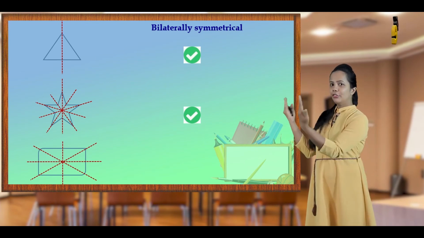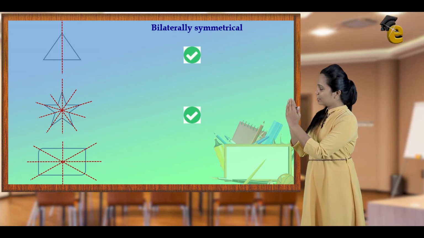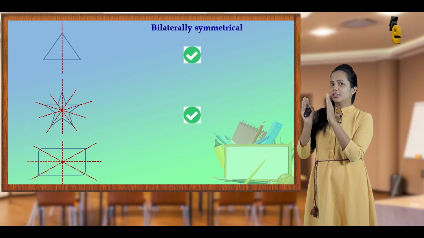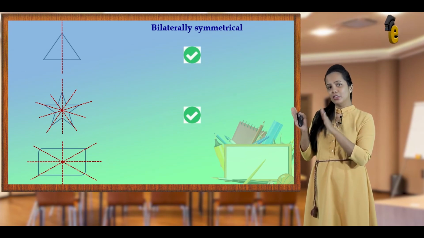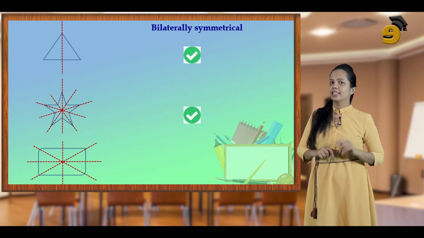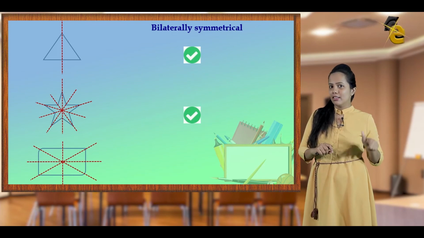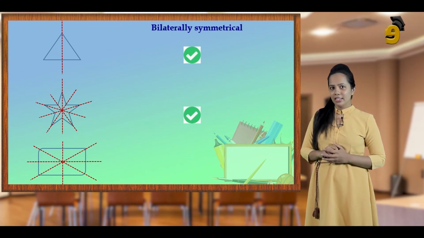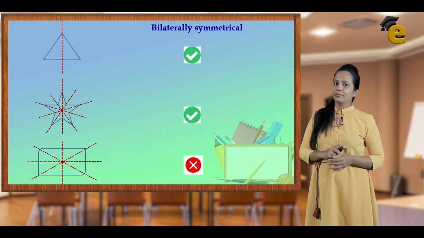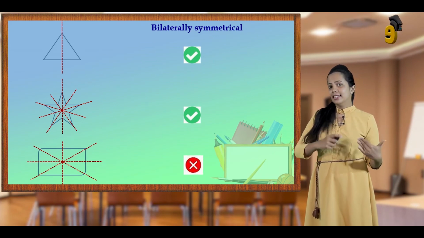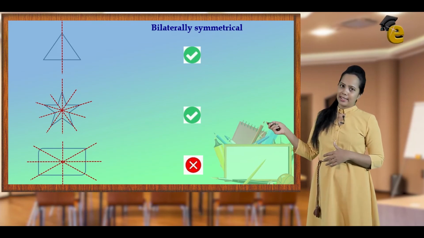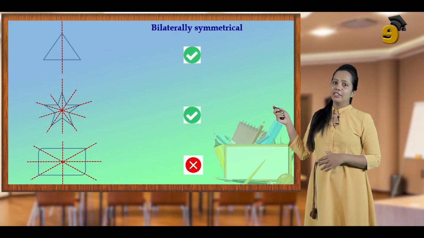No. If you fold this plane figure along this vertical line, those 2 identical parts will not coincide with each other. Therefore, the third characteristic is not satisfied. Is it a bilaterally symmetrical figure? No. As the third characteristic is not holding, this is not a bilaterally symmetrical figure.